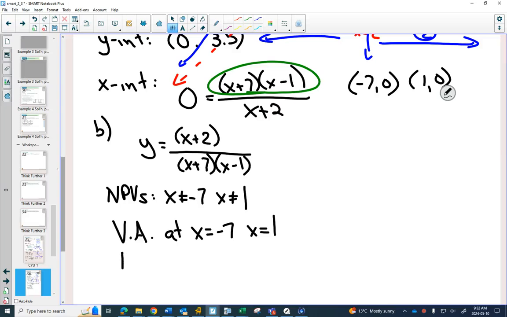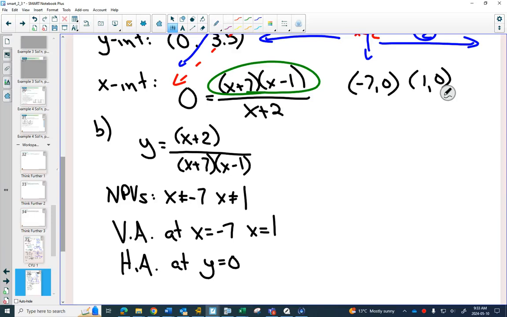Can you see that you have the situation now that your degree is bigger in your denominator? Whenever the degree is bigger on the bottom, your horizontal asymptote is the easiest one. It's just at 0. Degree is bigger on the bottom. It's going to be more powerful on the bottom when x gets really, really big. So that means you're going to be dividing by a huge number on the bottom.